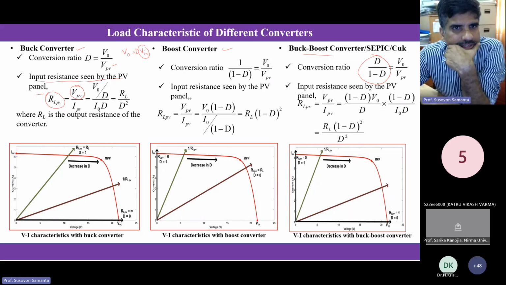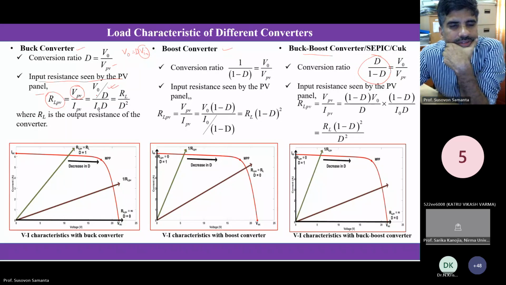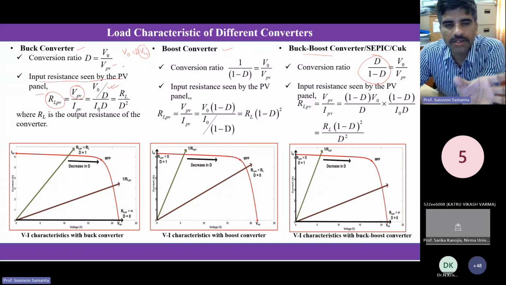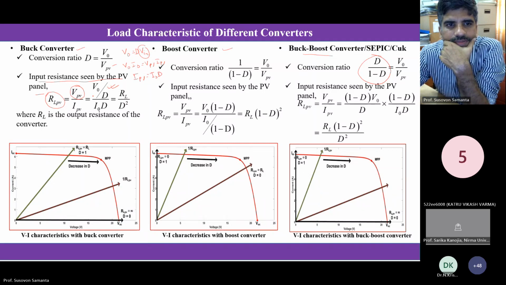And the panel voltage is V0 by D. If I consider a 100% efficient DC-DC converter, then you know that V0 I0 is equal to VPV IPV, and then IPV is I0 into D. So if I express VPV in terms of the output voltage and IPV in terms of the output current, I will get this relationship.